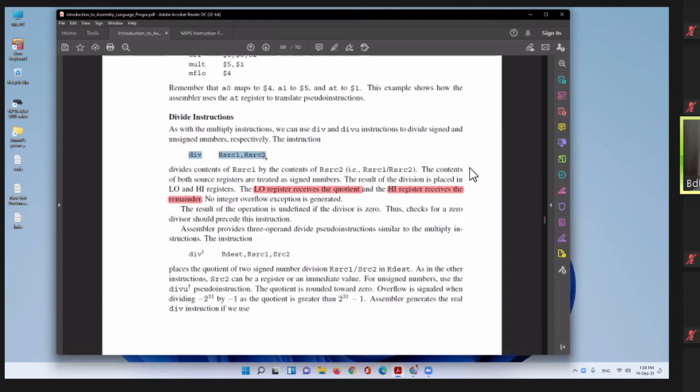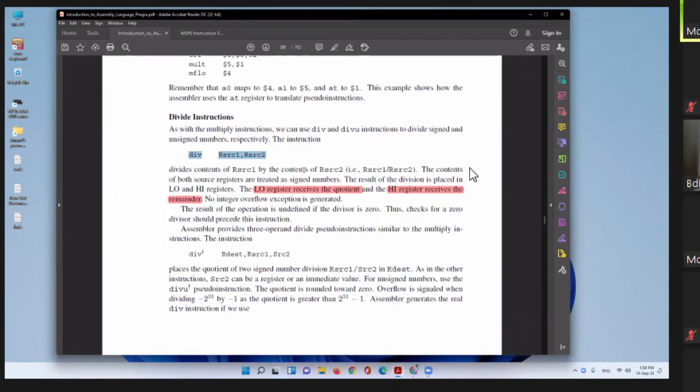So source 1 divided by source 2. That's what it means. Now the question is, after doing the division, how many results do we have? We have two results.